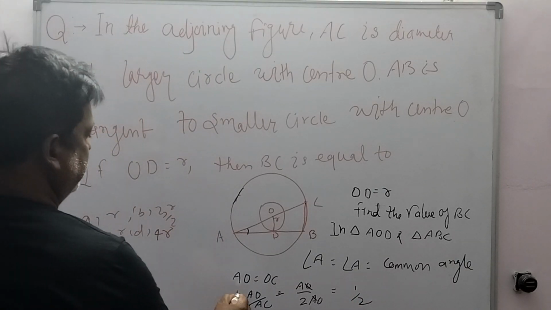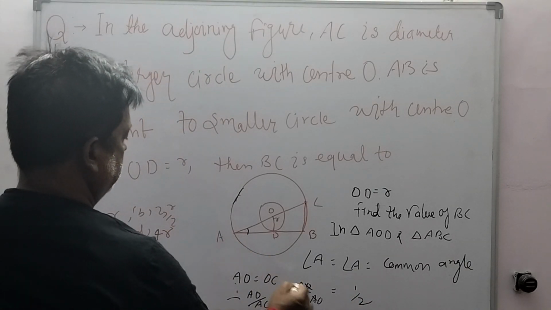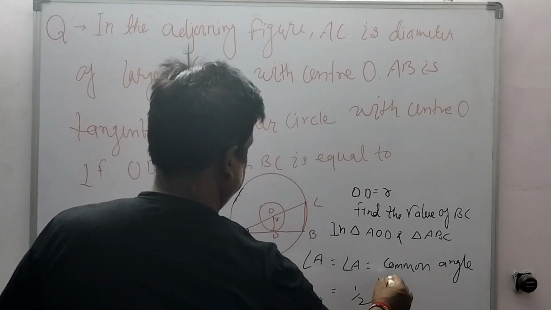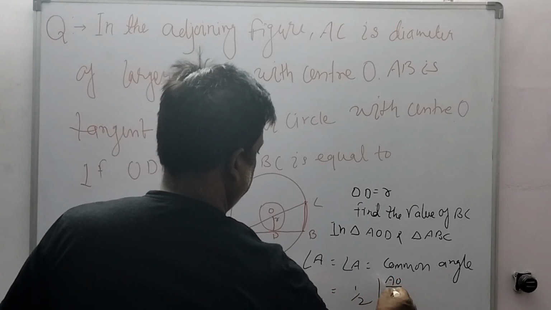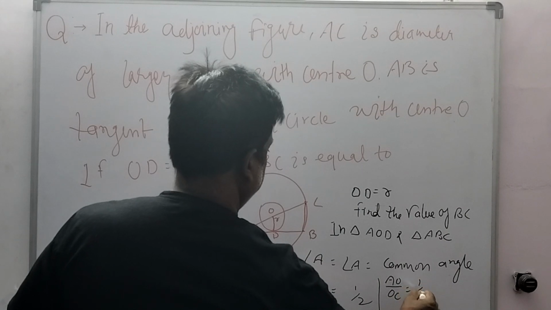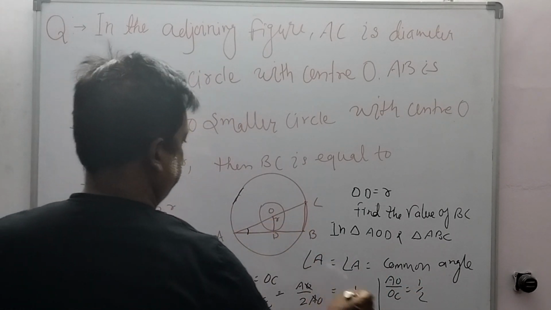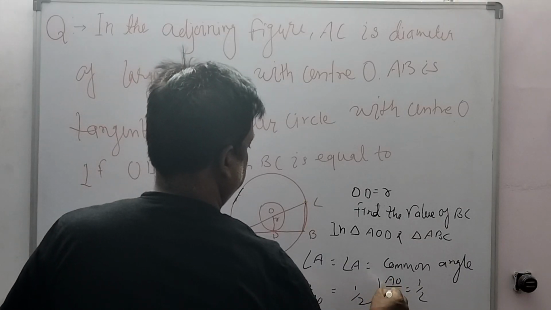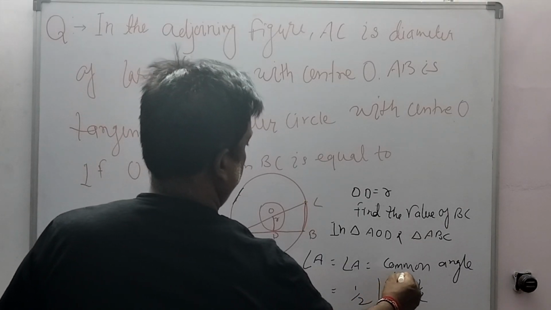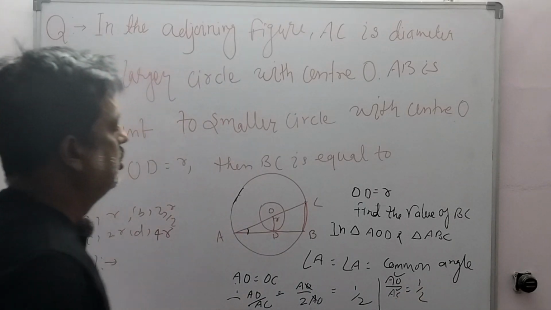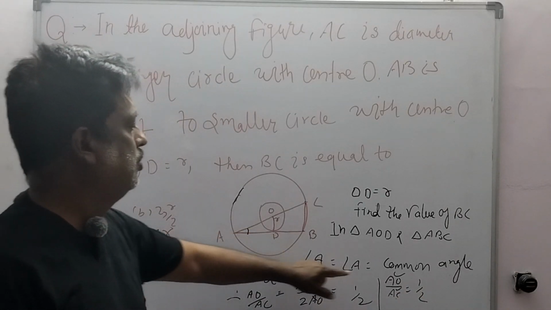Finally, we are getting AO by AC equal to 1/2, sorry, AO by AC. This is in the smaller triangle and this is in the bigger triangle. So AO by AC equal to 1/2.